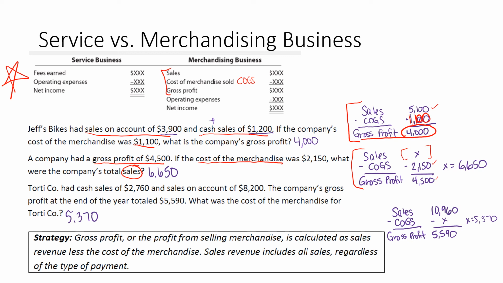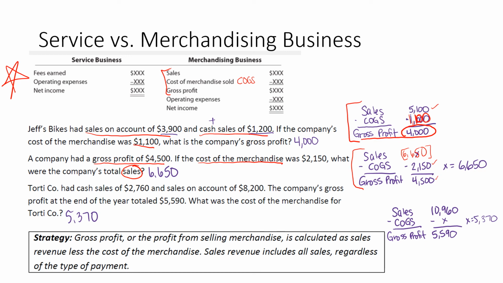And so that amount of sales is $6,650. So if we have $6,650 here, then that completes the subtraction problem. And we see that we have $6,650 in sales.